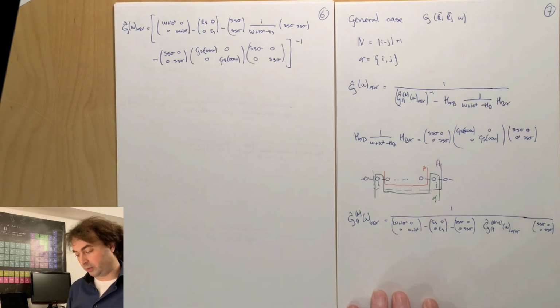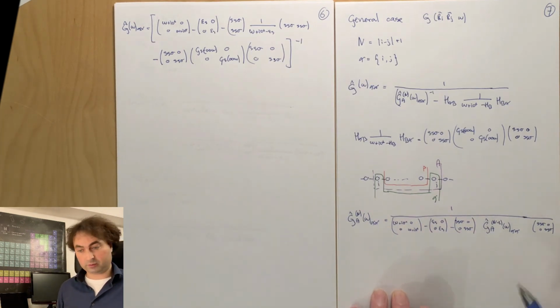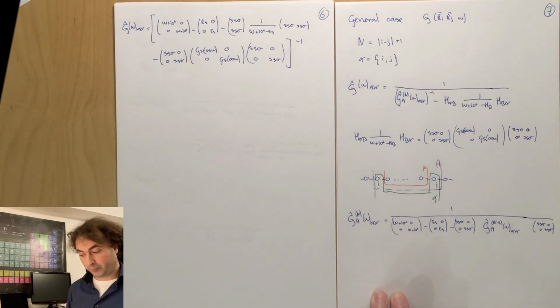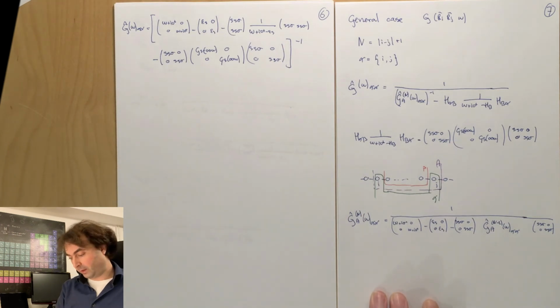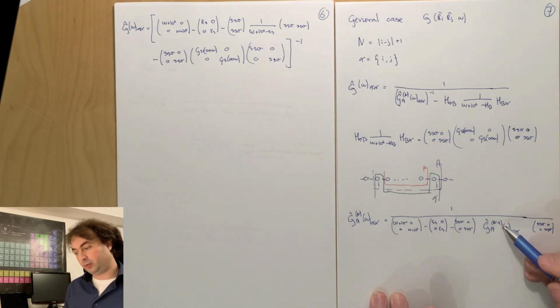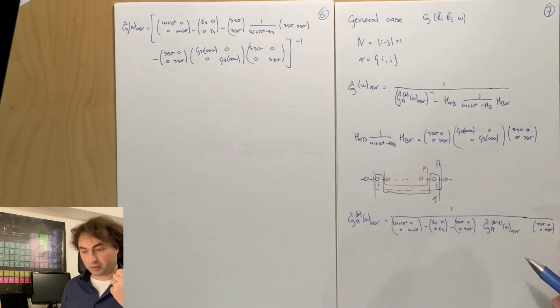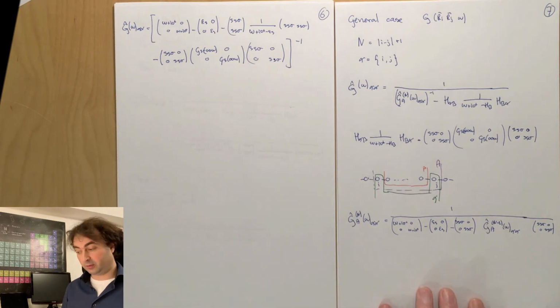And of course we can do this, then again put this in until we have a chain of a finite length 3 or 2, and at that point we have the equations that we had before. Actually you can stop at a length of 2 and 1, because also for 1 it's just the on-site Green's function that we need.